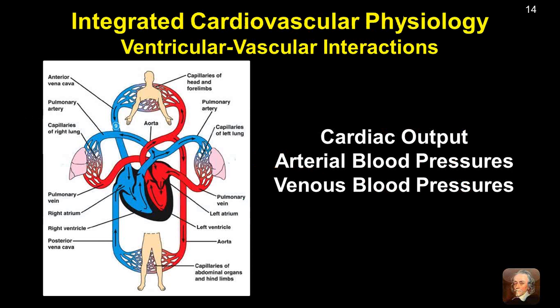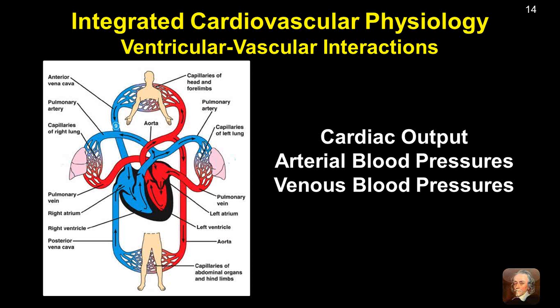And of course, at the end of the day, what many of us are interested in is what determines the cardiac output, the blood pressure in the arteries, and what determines the pressures in the veins. And that really depends on the complex interaction of the heart and the vasculature, and also its regulation by the autonomic nervous system.